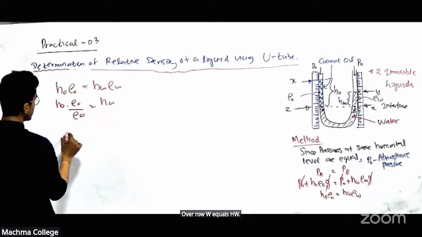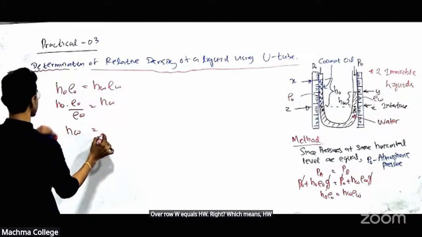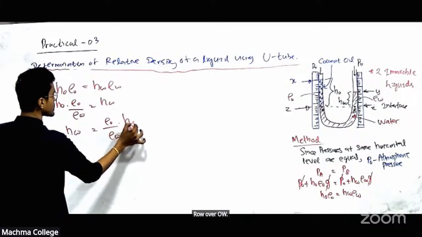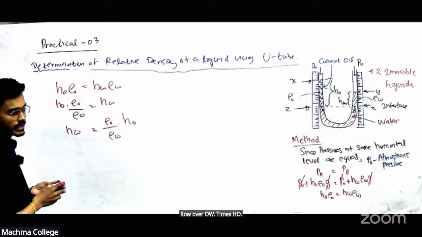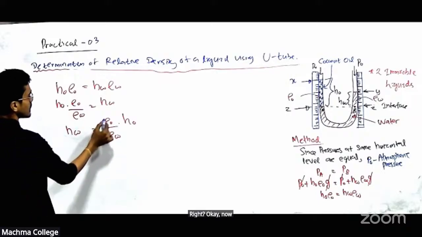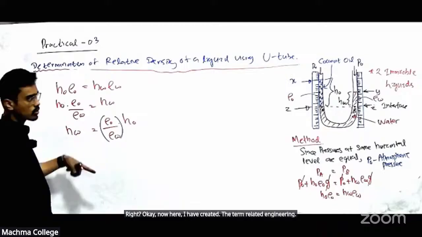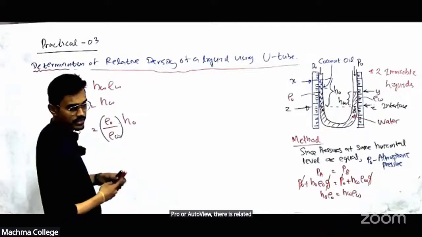Which means HW equals rho naught over rho W times H naught. Right? Okay, now here I have created the term relative density. Rho naught over rho W, that is relative density. That is what we discussed in the theory.